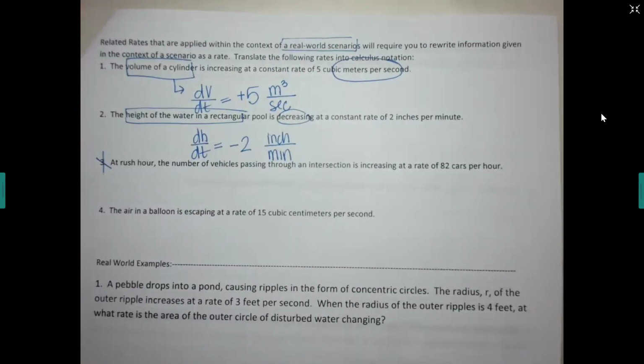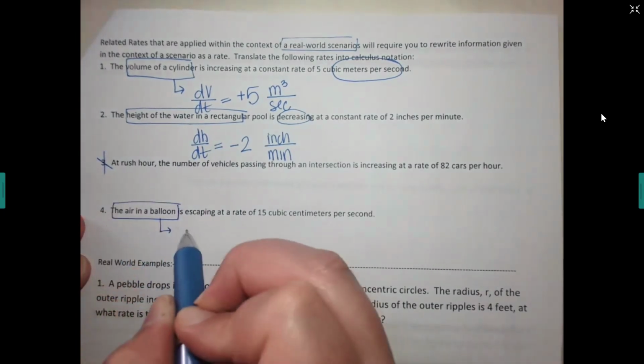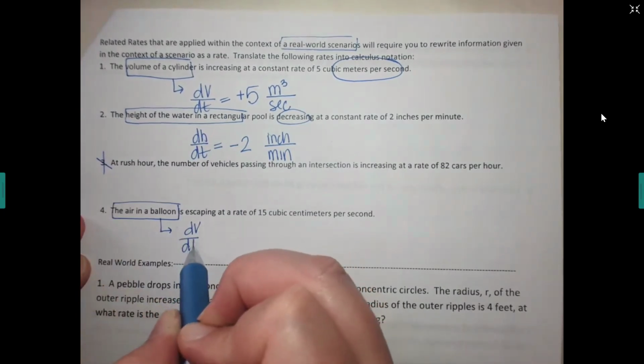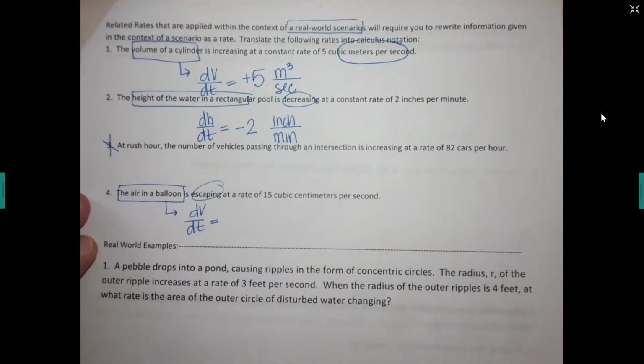All right, we're going to skip 3 and go on to 4. Okay, for 4, it says the air in a balloon is escaping at a rate of 15 cubic centimeters per second. So the air in a balloon, think about what that's a measurement of. If you're measuring how much air fits in a balloon, that would be volume. And then it tells me that the air in the balloon is escaping.